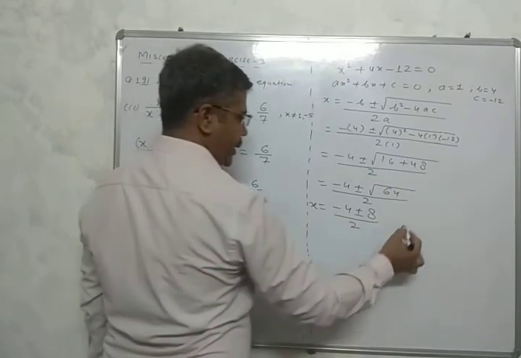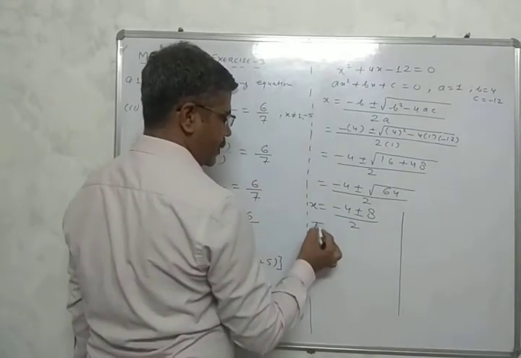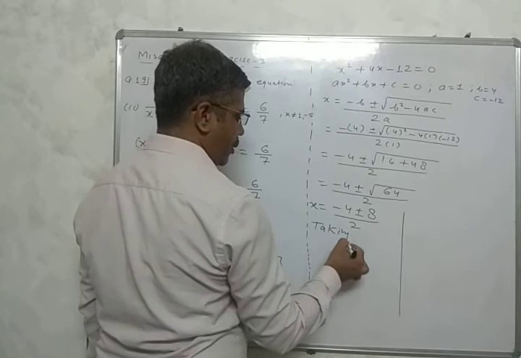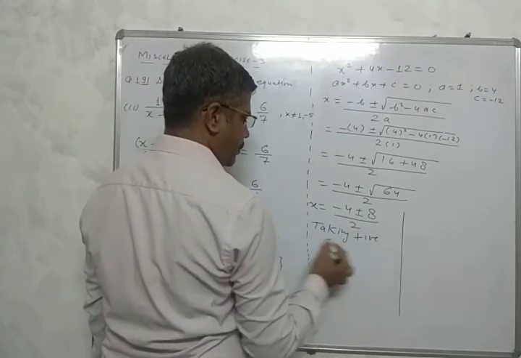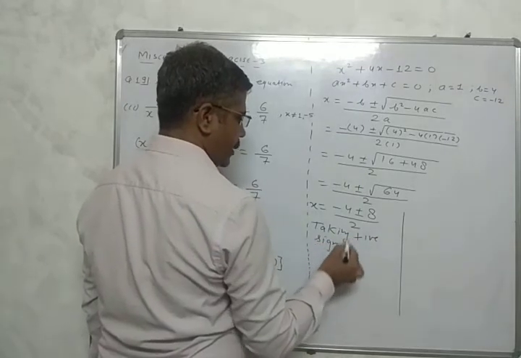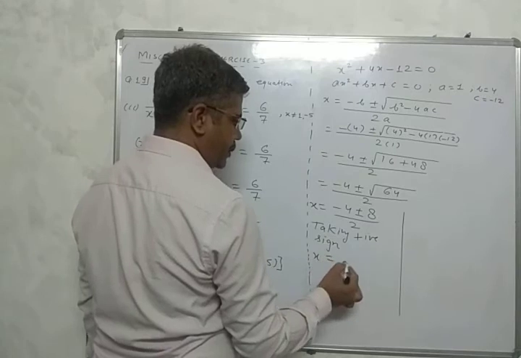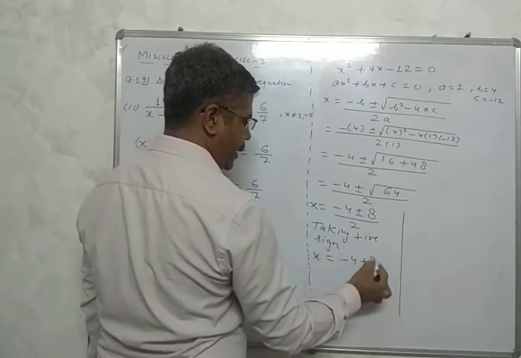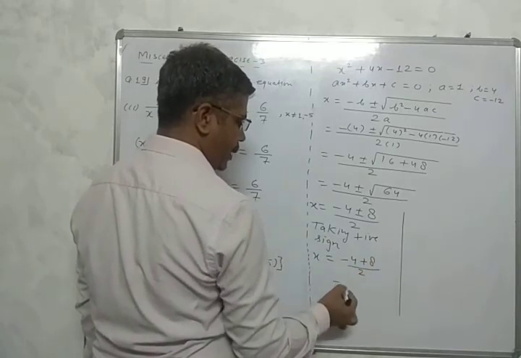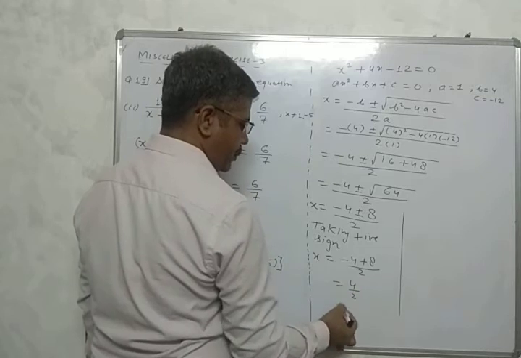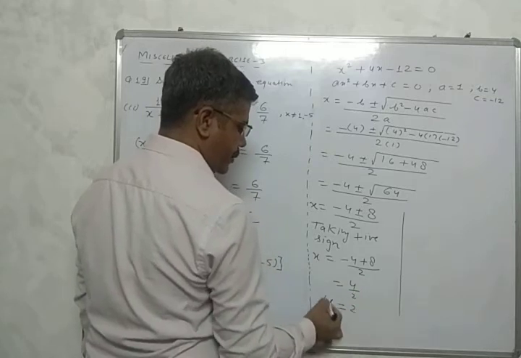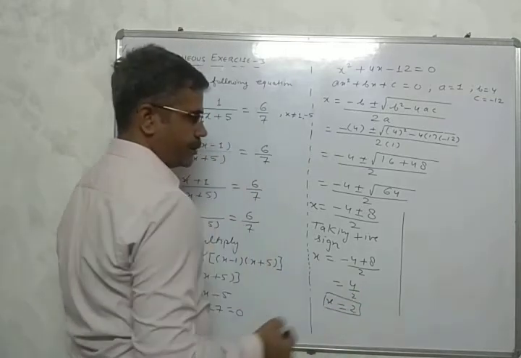Taking positive sign, we have x equals to (minus 4 plus 8) upon 2, 4 upon 2, 2, x equals to 2, first root.